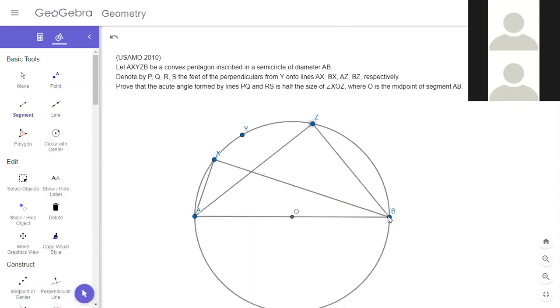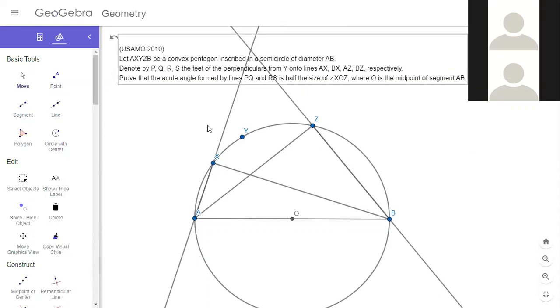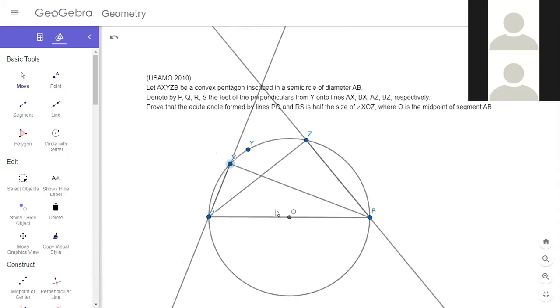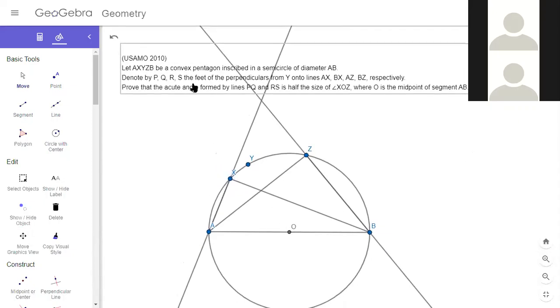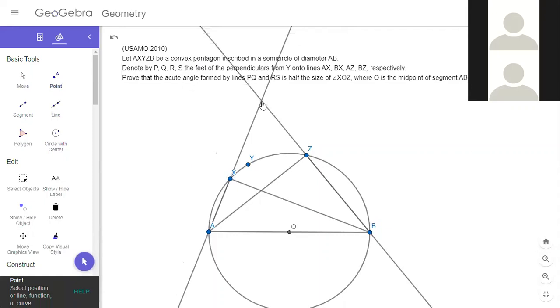Interesting. Okay, so we need to draw the lines actually. So it's kind of like we pretty much have an orthocenter. It's probably worth drawing this point.